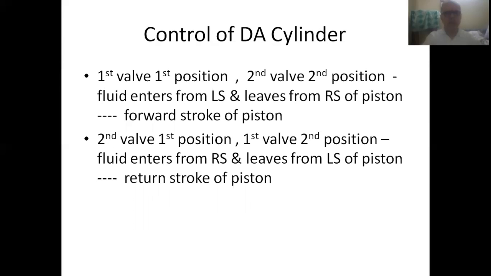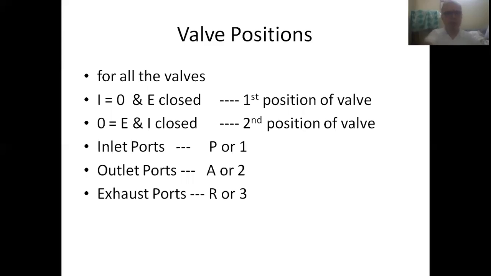And finally, we have talked about the valve positions also. In the first position, inlet will be in contact with the outlet, and exhaust will be in closed position. And in the second position of the valve, outlet will be in contact with the exhaust, and inlet will be in closed position.